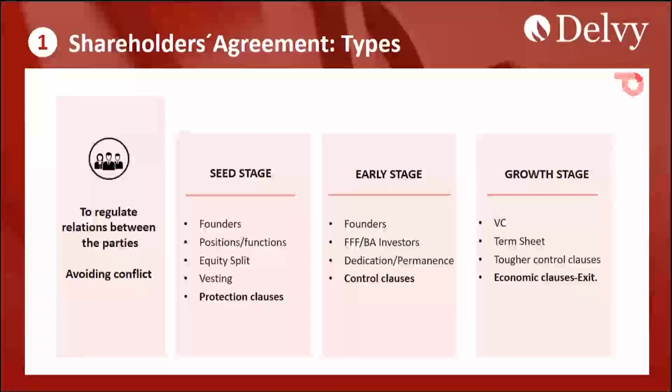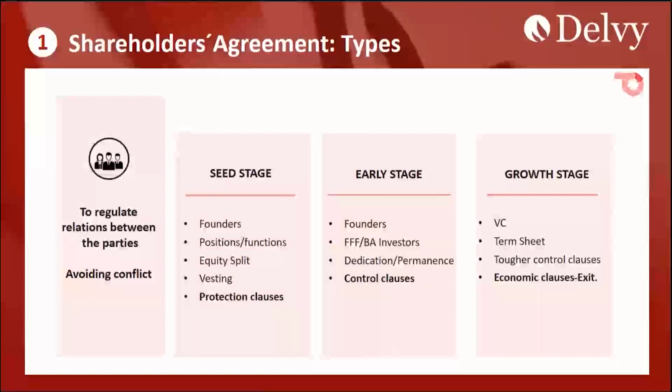So here's a division. It's not a legal division or anything, but it's something that helps us to understand what type of company and what stage we are in, and what will be regulated in this shareholders agreement.